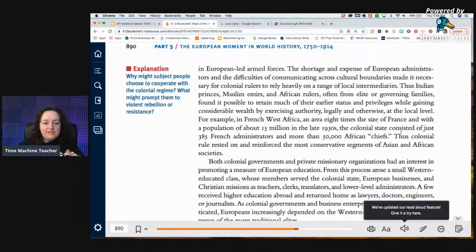Thus, Indian princes, Muslim emirs, and African rulers, often from elite or governing families, found it possible to retain much of their earlier status and privileges, while gaining considerable wealth by exercising authority, legally and otherwise, at the local level. For example, in French West Africa, an area 8 times the size of France, and with a population of about 15 million in the late 1930s, the colonial state consisted of just 385 French administrators and more than 50,000 African chiefs.